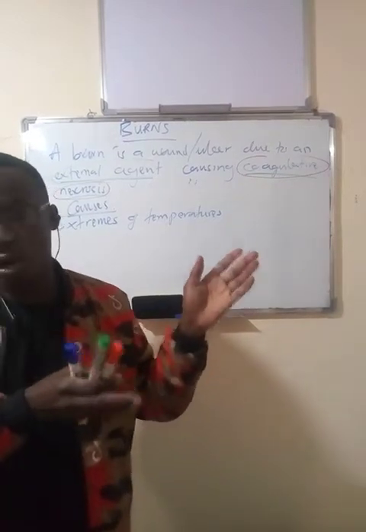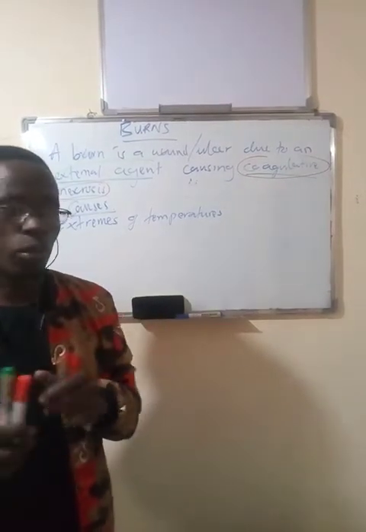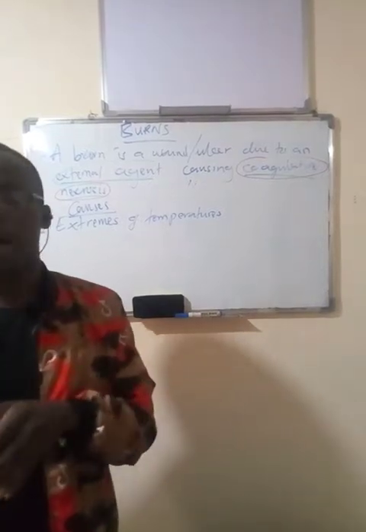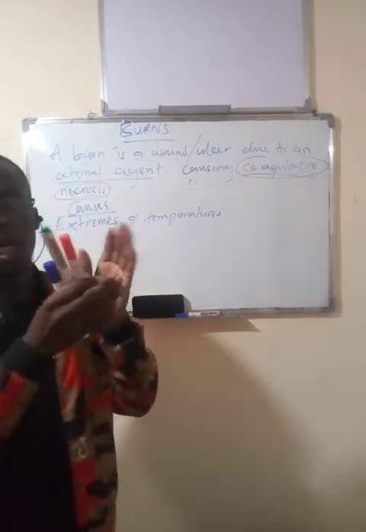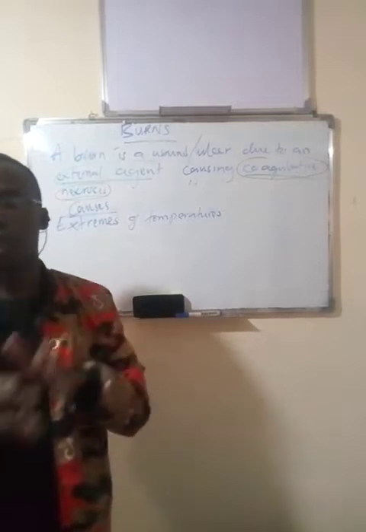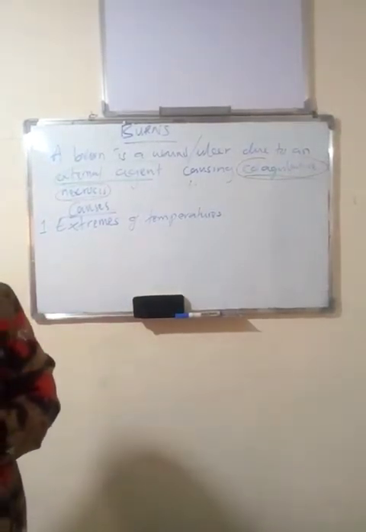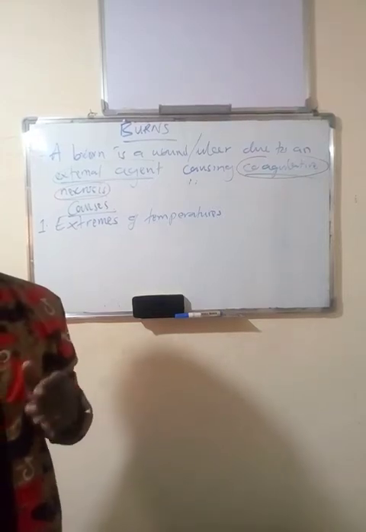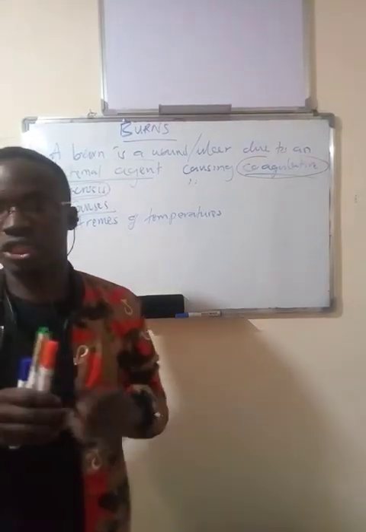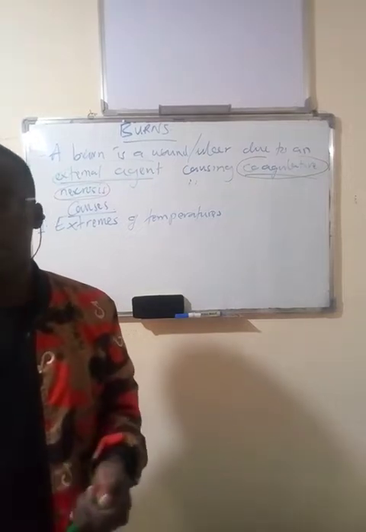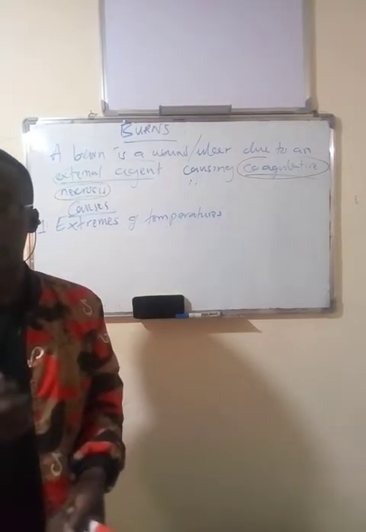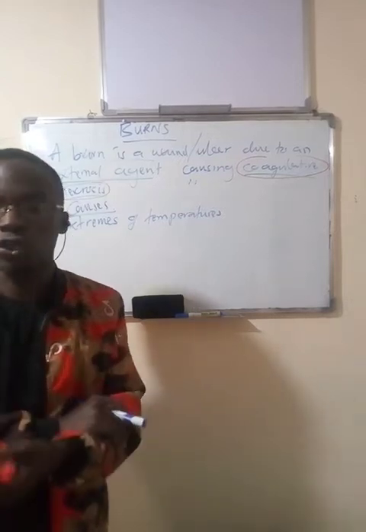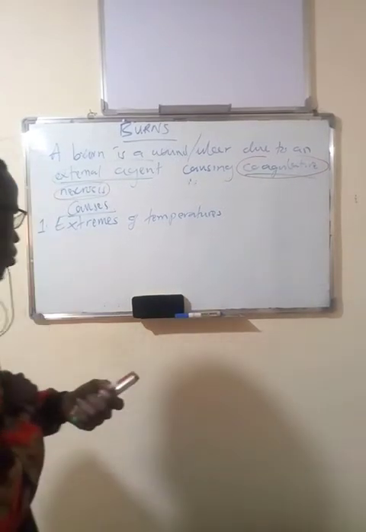Even in this case, we can have burns caused by very high temperatures and burns caused by very low temperatures. So it's very possible to have burns being caused by very low temperatures. For example, if you put very cold ice on your skin, you'll find that it can cause burns.